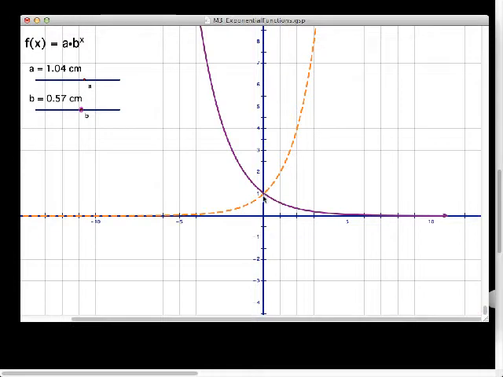What happens when I raise 1/2 to the 1st power? I get a half. What happens when I raise 1/2 to the negative 1st power? I would reciprocate and I'd get 2. So it turns out if this was equal to a half, it would be the mirror image of y equals 2 to the x, mirrored over the y-axis. So kind of interesting there.